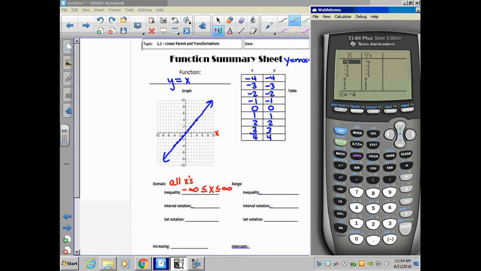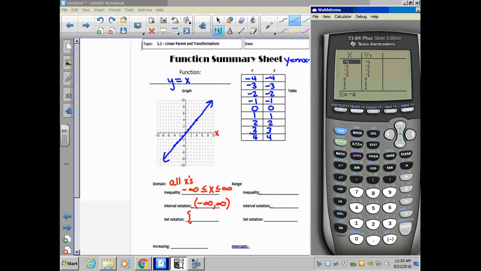Alright, interval notation. Interval notation is similar to inequality without the symbols. So if we're going from -infinity to +infinity, in interval notation, it would simply look like this: -infinity to +infinity with a comma in between. Set notation has braces.